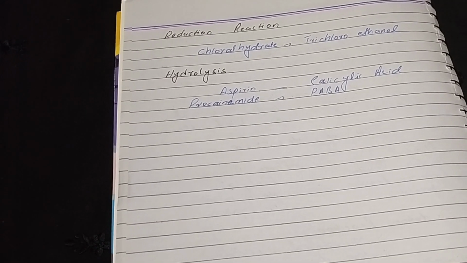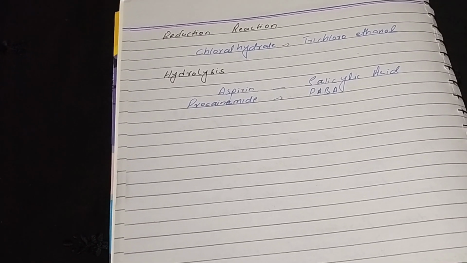Next we have the following drugs which are hydrolyzed in the liver. First we have the example of pethidine, which acts as a narcotic analgesic. Second we have procaine, which acts as a local anesthetic agent.